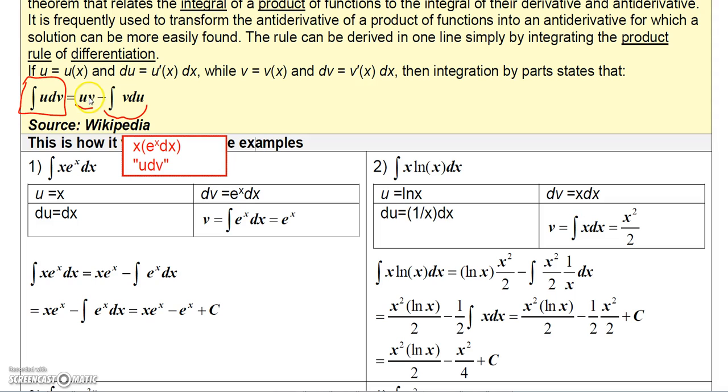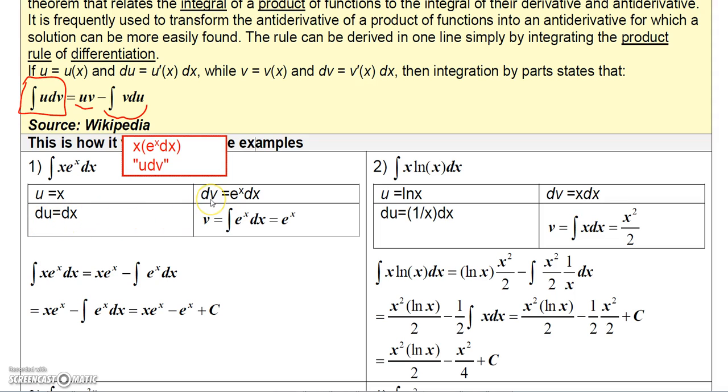Now in the result, I'm going to have to know what du is, and I'm going to have to know what v is. So let me show you how we can do that. If you go down here, I can do a little table. Since u is just x, then du would be the derivative of x times dx, so that would just be 1 dx.